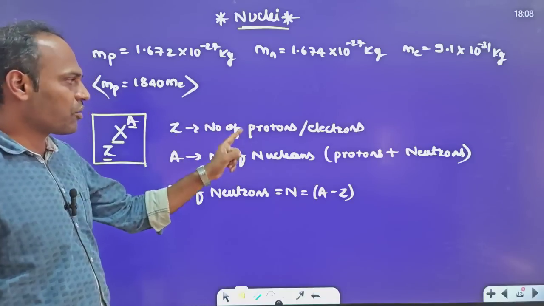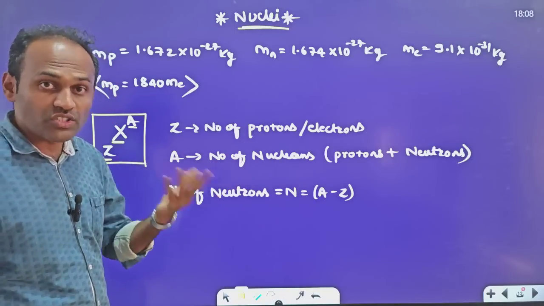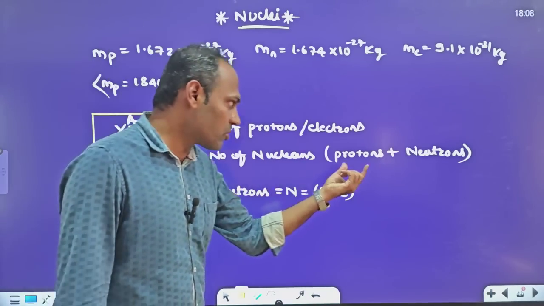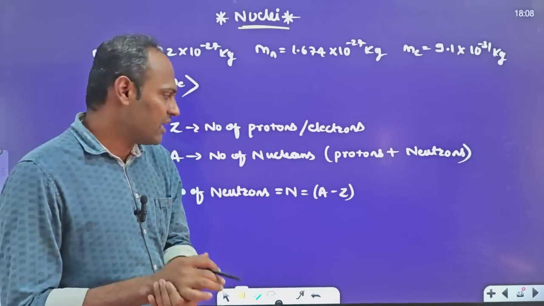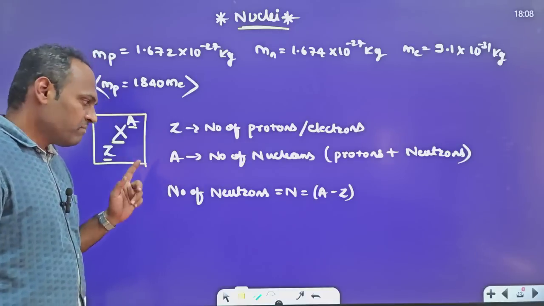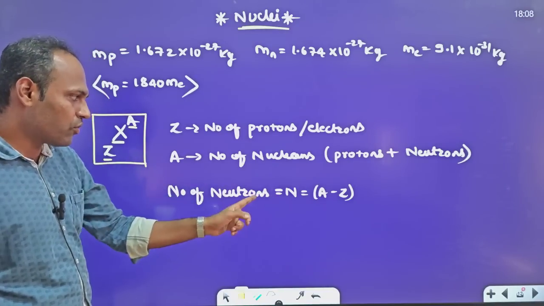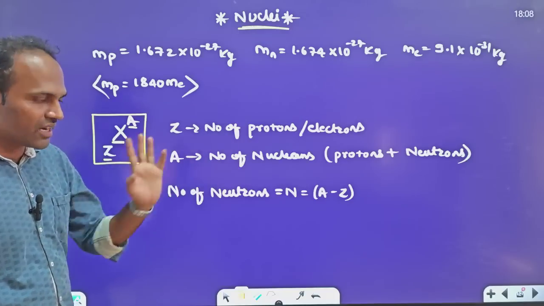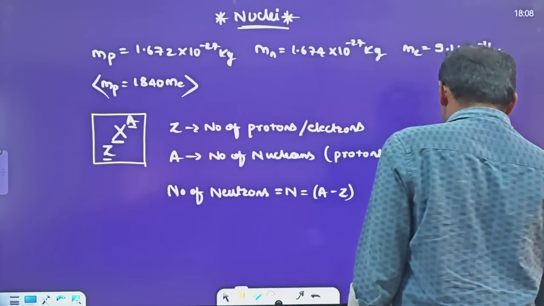So Z indicates number of protons or electrons. A indicates the number of nucleons. Nucleons means the number of protons and neutrons together. The number of protons and neutrons inside the nucleus is indicated by A. Number of neutrons is represented by A minus Z. If you subtract Z from A, you will get the number of neutrons. Right? Okay, that's all about how we represent a nucleus.